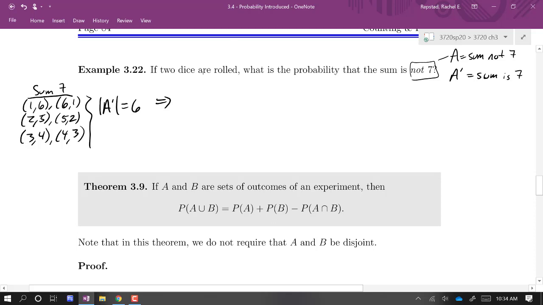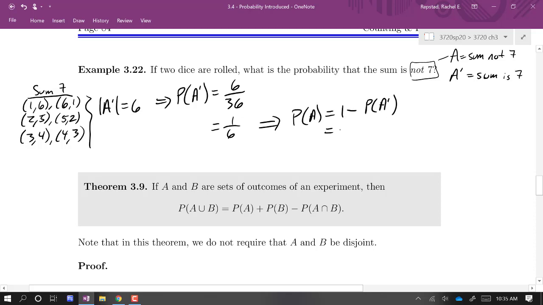That means that the probability of A complement is 6 over 36, which is 1 out of 6. And so the probability of A is 1 minus the probability of A complement, 1 minus 1/6 is 5/6.